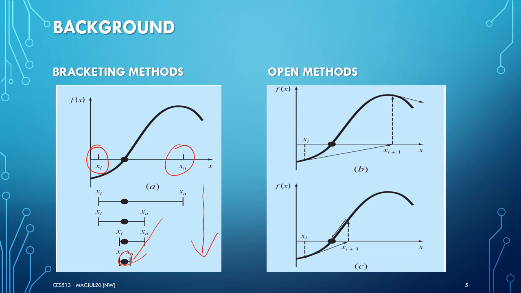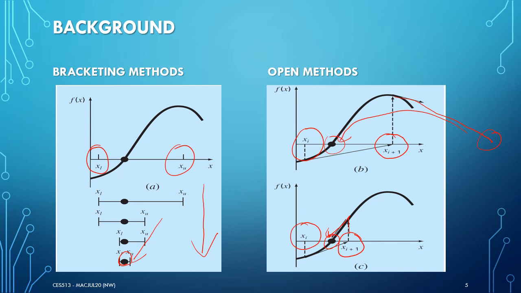While the open method only starts with one estimated value, xi, and it can diverge, as in figure B. From xi, the second estimated root is xi plus 1, and the next estimated root is far away from the actual location of the true value. But in figure C, the method converges. Starting with xi, the second estimated root is xi plus 1, and the next estimated root moves closer to the actual root.